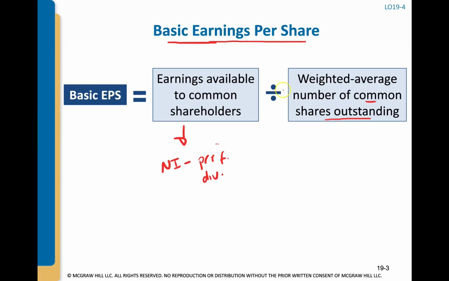So in our EPS, which is earnings per share formula, the denominator is dependent on the number of common shares outstanding. And so in basic EPS, we have no sort of convertible securities that could potentially dilute that number of shares outstanding.